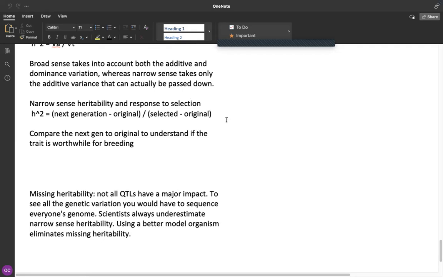Because you really want to know, is this likely to stick around, or is it just not likely to be passed down? Maybe it's something that's quite affected by the variation in the environment rather than variation in genetics.